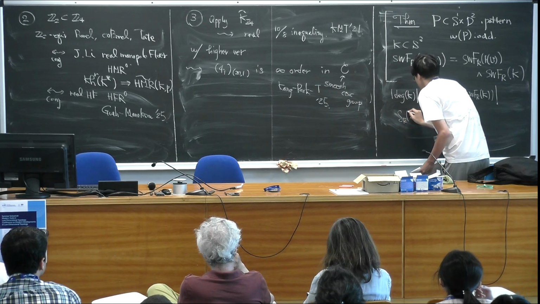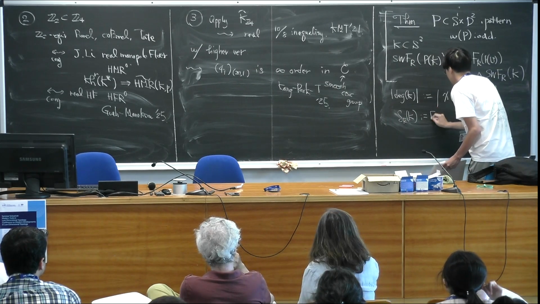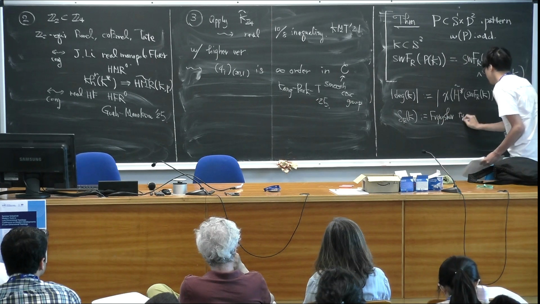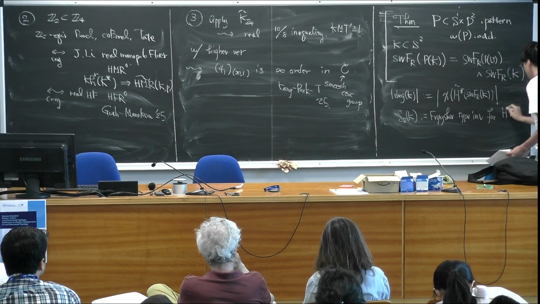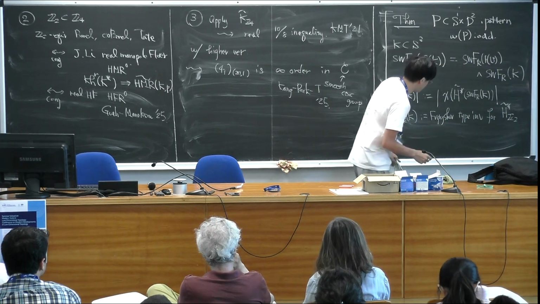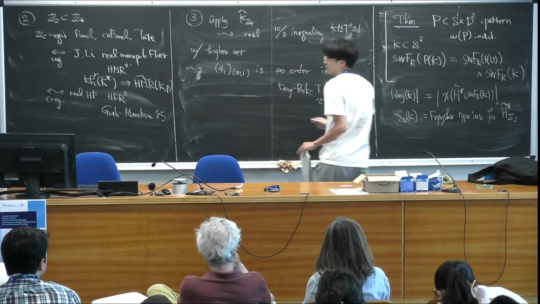And the other one, delta R, is a Floer type invariant for the equivariant cohomology with Z/2Z coefficients. I want to briefly say the definition of this one.